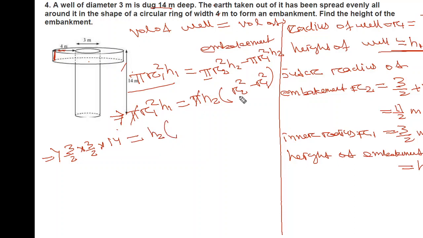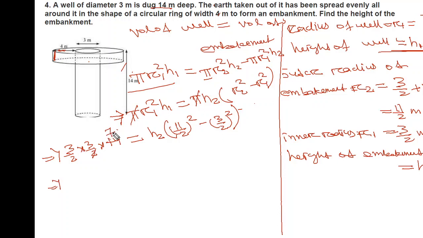H2 into R2 square minus R1 square. So R2 is 11 by 2. So 11 by 2 square minus R1 square. R1 is 3 by 2 square.